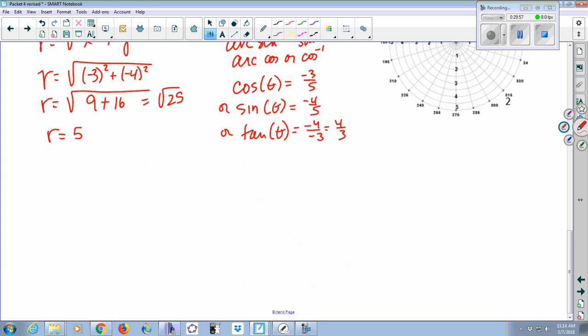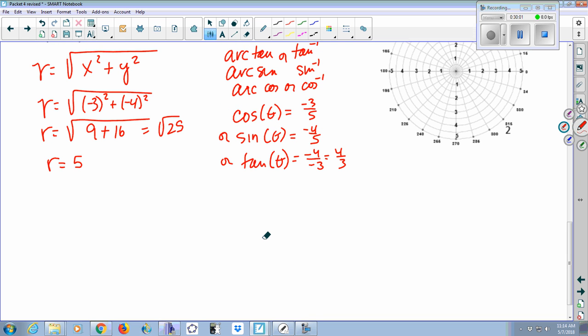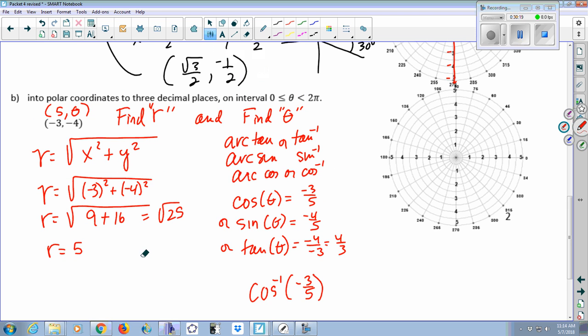So you can take the inverse of any of these. So let's see, which one did I do? Oh, I did inverse cosine. So let's do inverse cosine. Inverse cosine of negative 3/5. First of all, before I even get there, what quadrant is this point located in?